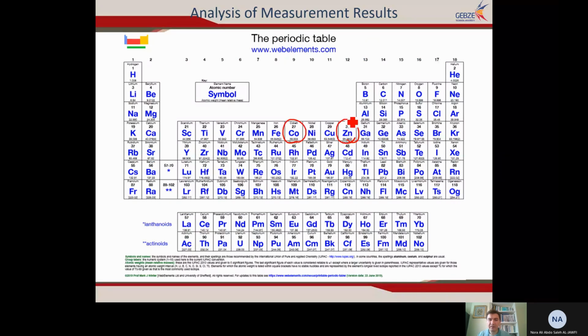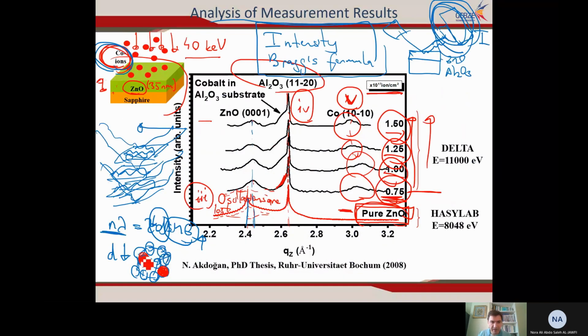So zinc is a bigger atom than cobalt. So zinc atoms are bigger at the beginning. Now, here we have smaller cobalt atoms. Then this D interplanar distance will be decreased. There will be lattice shrinking due to the small cobalt atoms. And this is logic. This decreases interplanar distance. So I have also explained why this peak shifts to the right side.